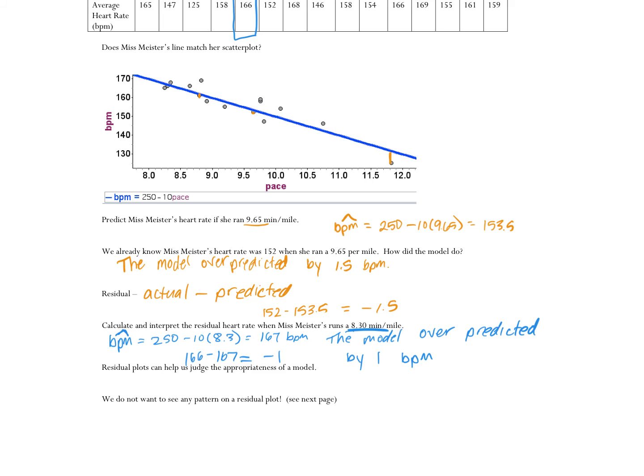Does the negative not mean that you under-predicted? Well, keep in mind that it's negative because the actual value is lower than the predicted value. So the negative is kind of backwards of what you would expect.